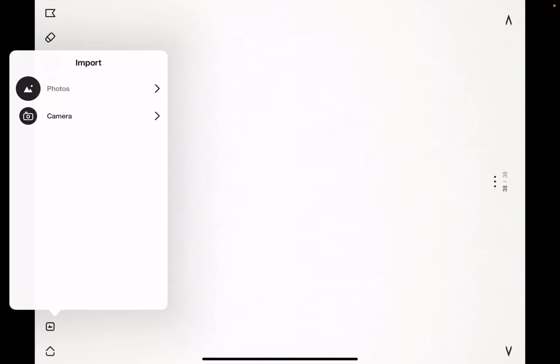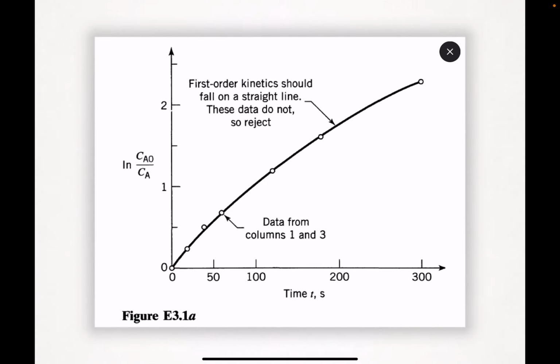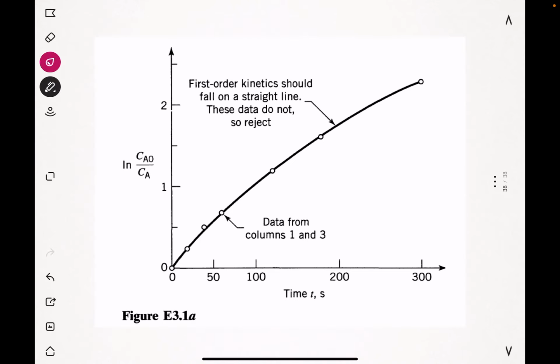And when we plot that, we have time on our x-axis and ln CA naught by CA on the y-axis.